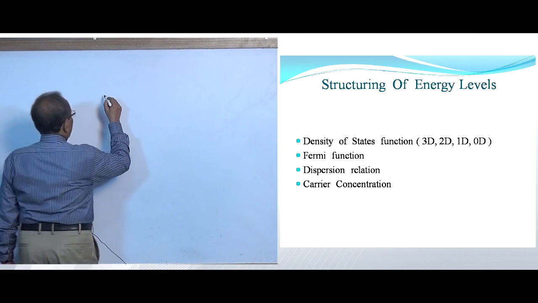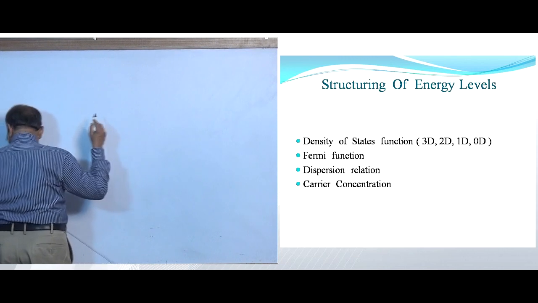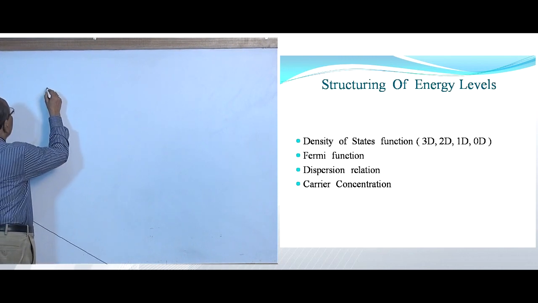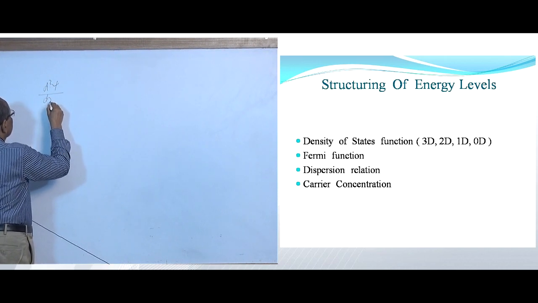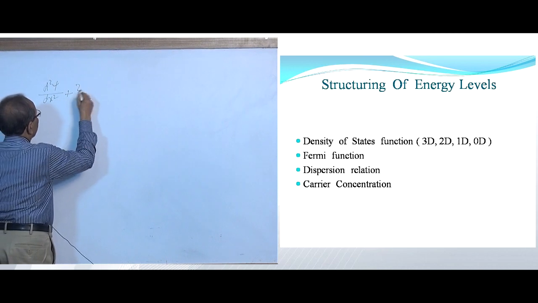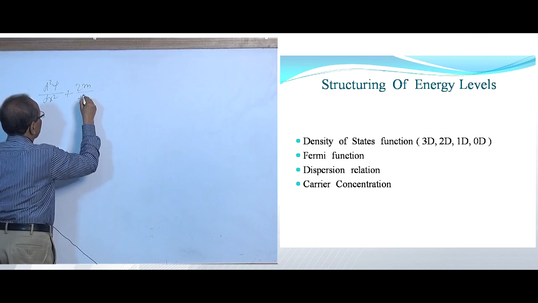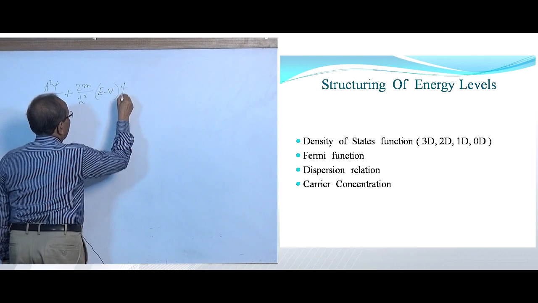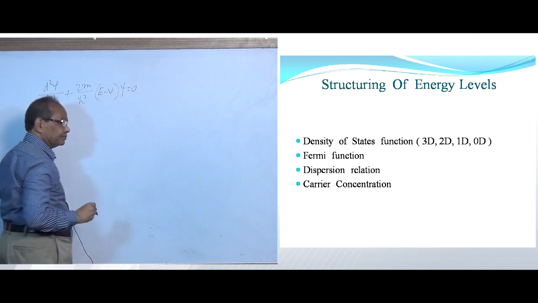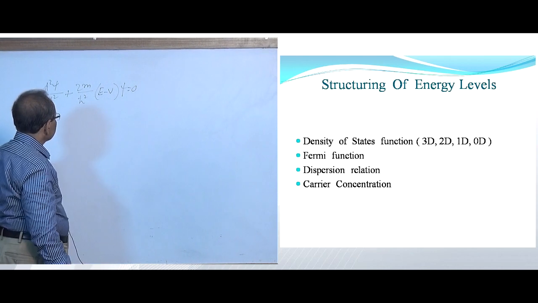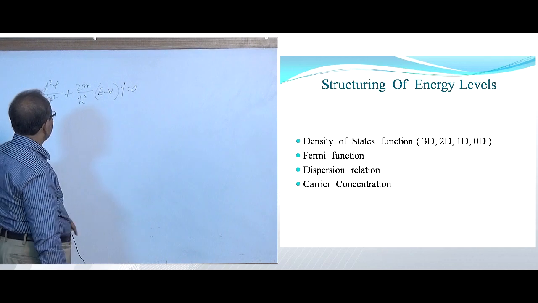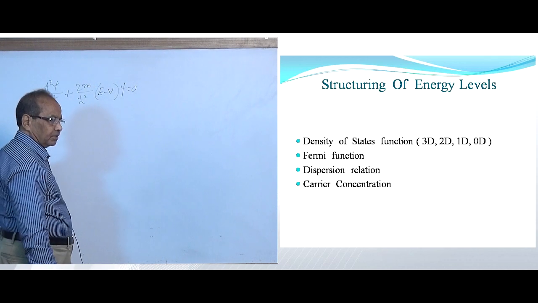The Schrödinger equation was written like this: d²ψ/dx² + (2m/ħ²)(E − V)ψ = 0. Also, I talked about what we mean by these symbols. m is the mass of the carriers.